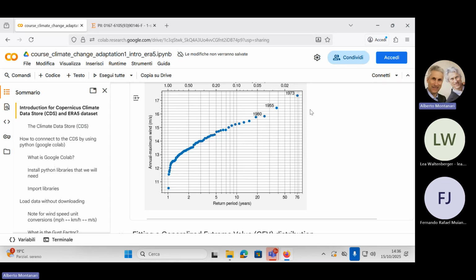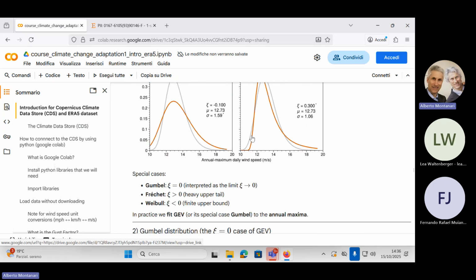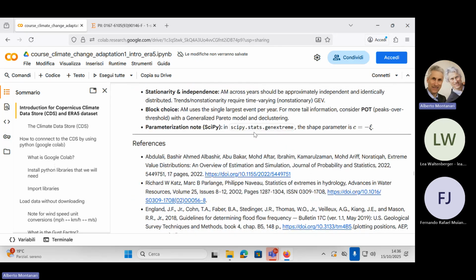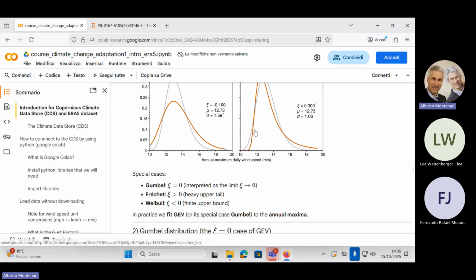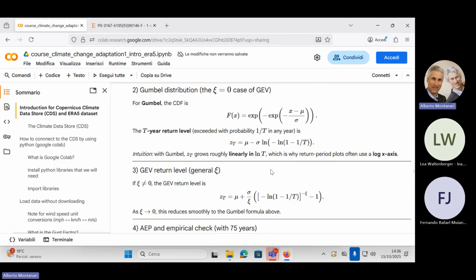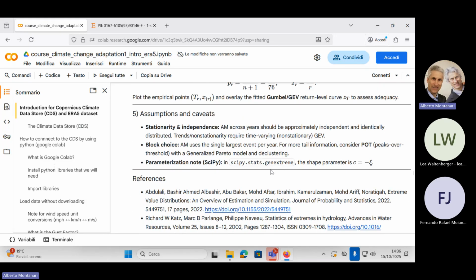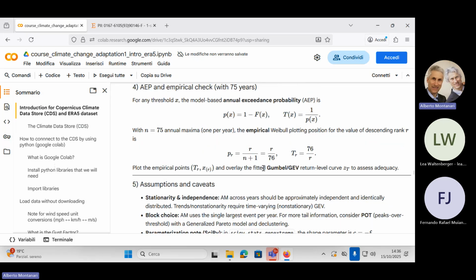This is the empirical distribution, so the return period is limited to the length of the time series. But here there is the GEV estimation, a probability distribution. Let me see if there is the value for the 100-year return period. I don't think so, because probably he still has to develop the computation or the slides.